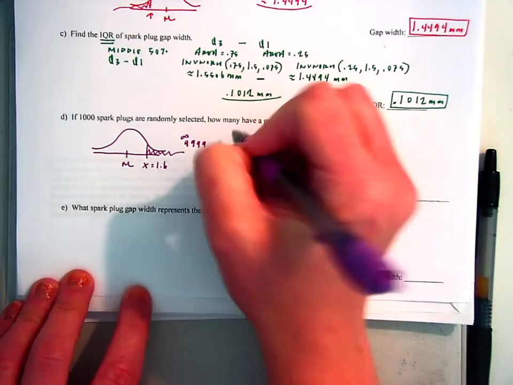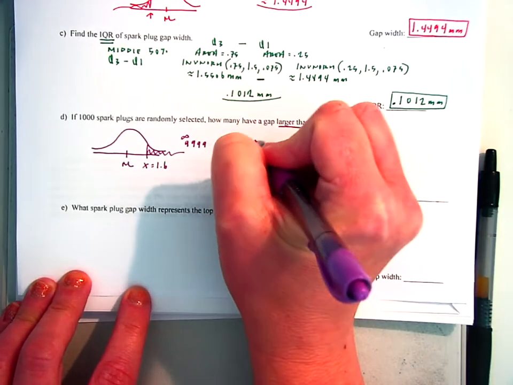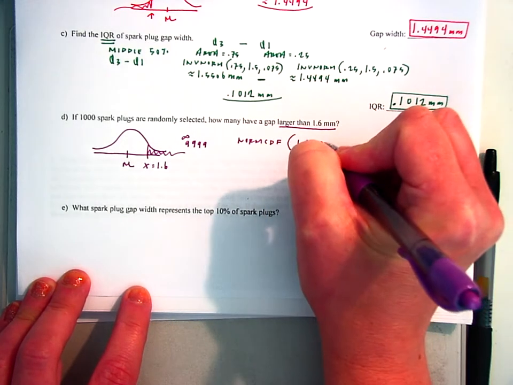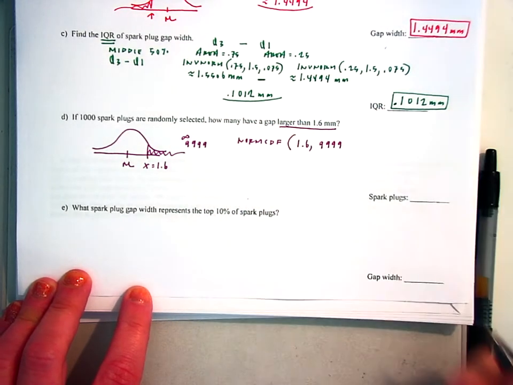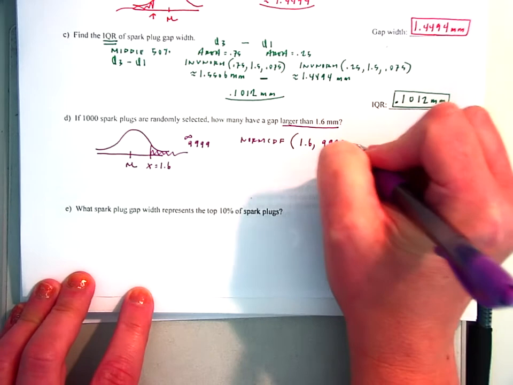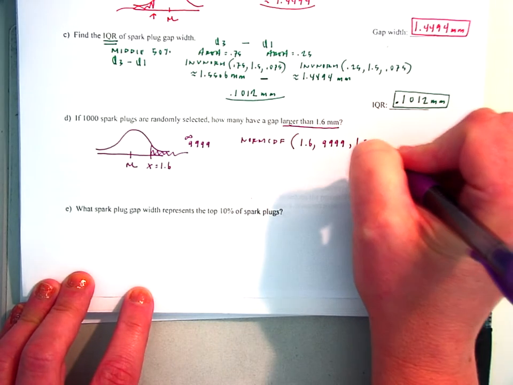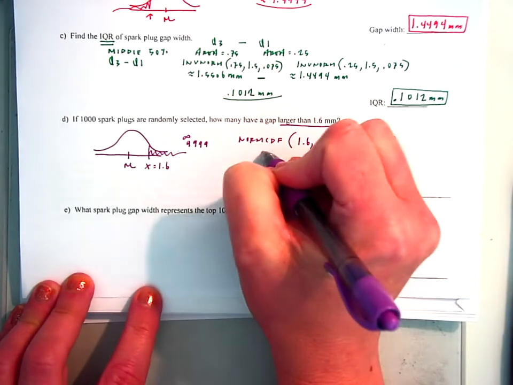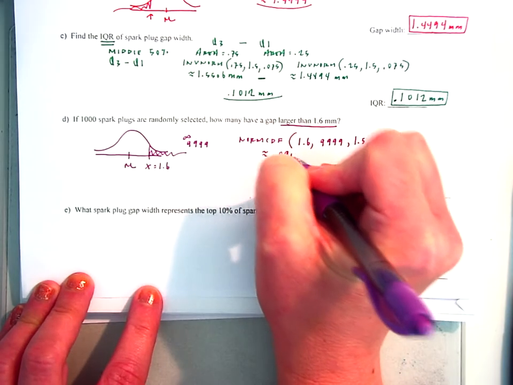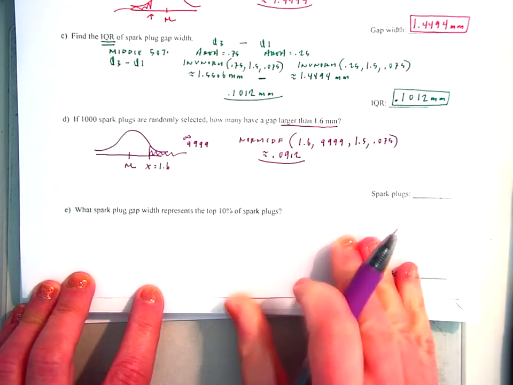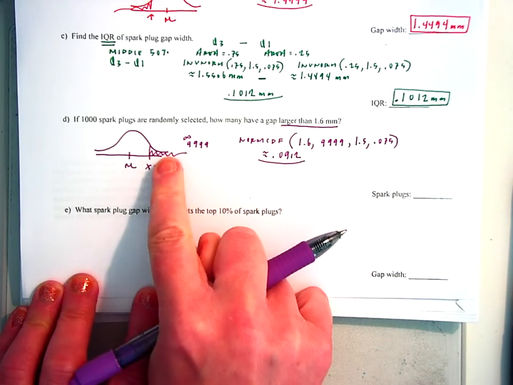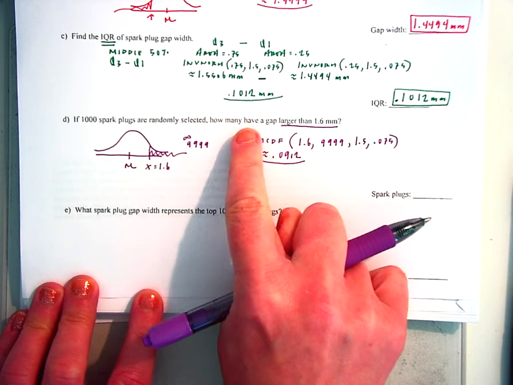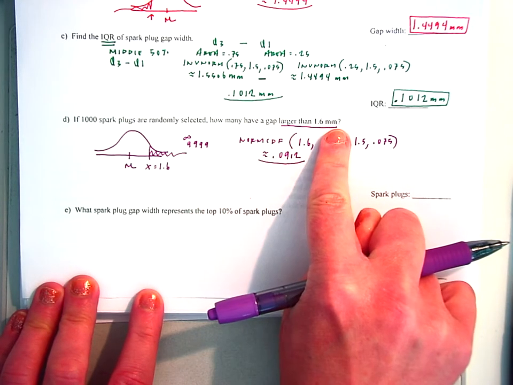So when I type this in, I can say normal CDF from 1.6 to infinity, but my placeholder 9,999 with a mean of 1.5 and a standard deviation of 0.075. So I'm going to come up with 0.0912. And then that would be the proportion that falls in this region. So 9.12% would fall in this region, having a gap larger than 1.6 millimeters.